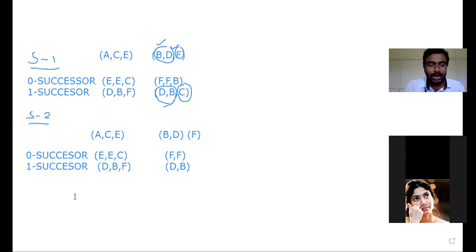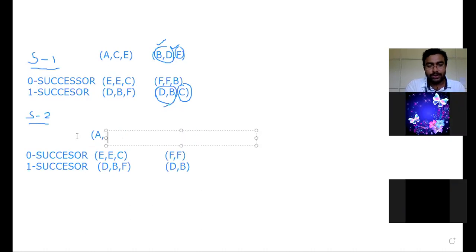So tell me, students, how I have to partition here from ACE. Which two states will be in one group and which will be separated? Look here, students. When I check the zeroth successor of AC, E and C are available in the same group, no problem with the zeroth successor.